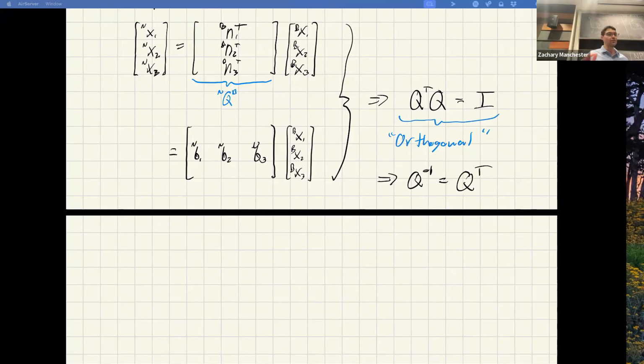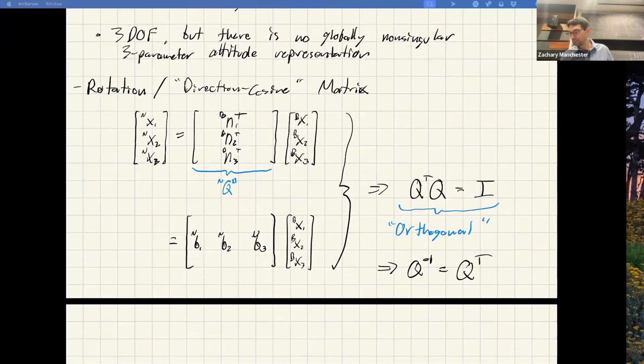So there are a bunch of special things going on with rotation matrices. You have this internal structure where the columns are actually the basis vectors, and the fact that their inverse equals their transpose. Kind of interesting.